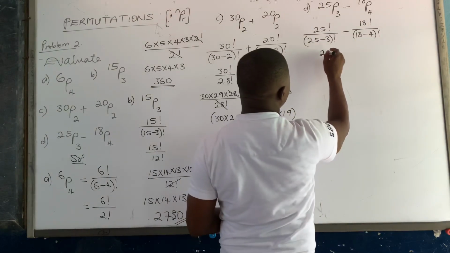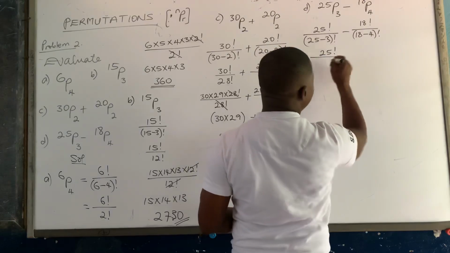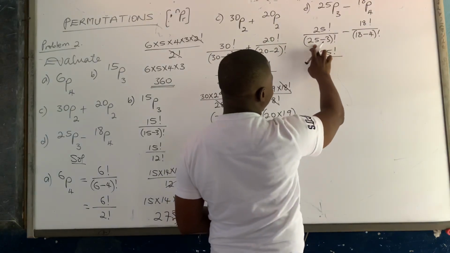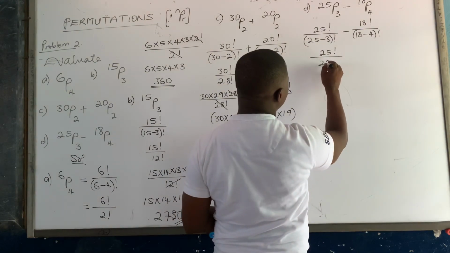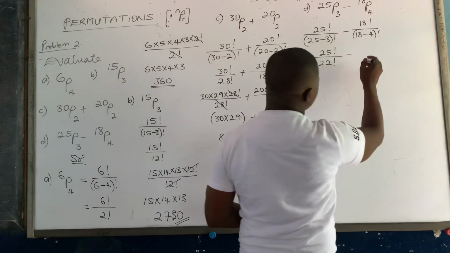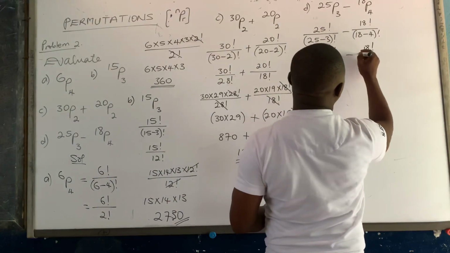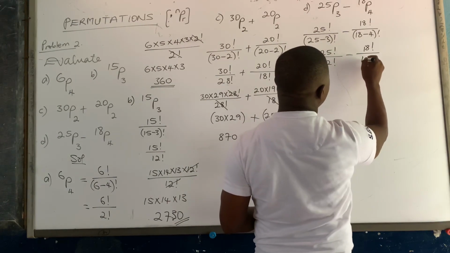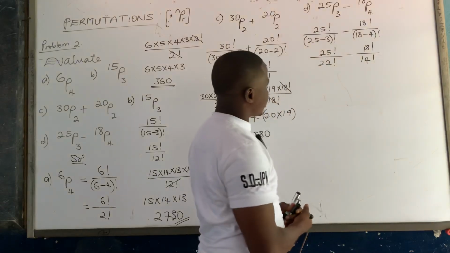So we say 25 factorial divided by 25 minus 3, which is 22 factorial. 18 factorial divided by 18 minus 4, which is 14 factorial.